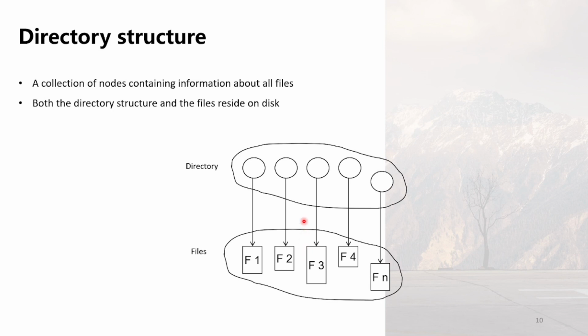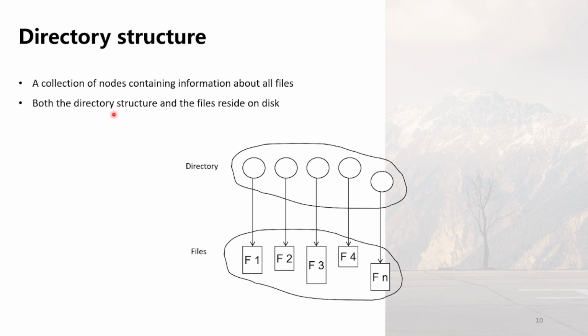The lines between the directory nodes and the files indicate the relationship or linkage that the directory has to each file. Hence, the purpose of the directory is to create the relation between the file's name and the unique ID.